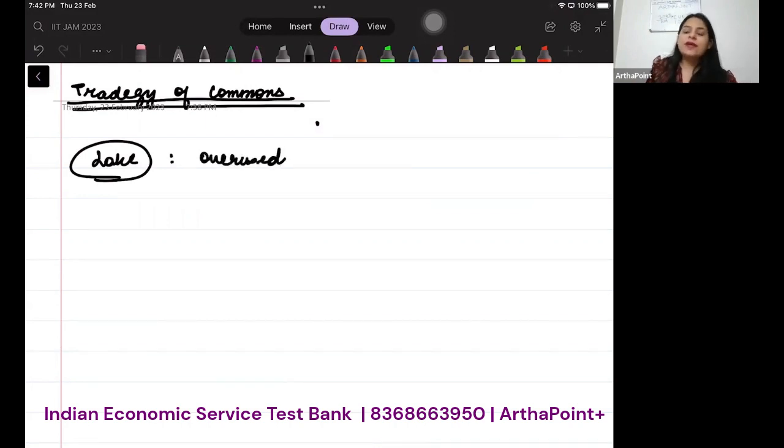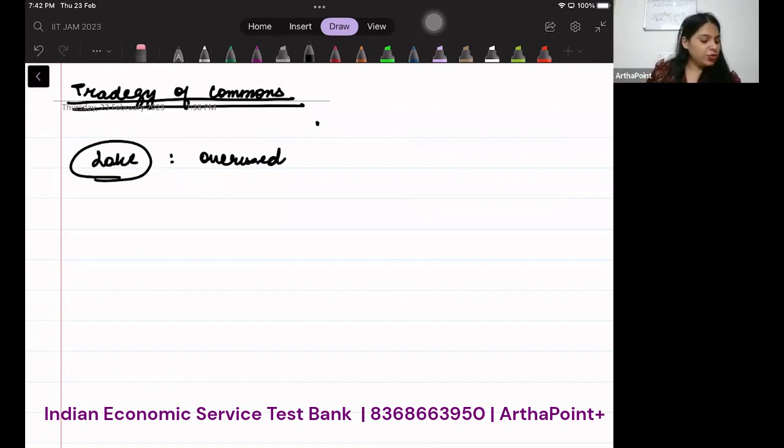So if you have a lake which has fishes in it, and you don't put any price on it, then the tragedy of commons says that it will be overused, overfishing will take place. Similarly, if you have a garden, overgrazing will take place. So any resource which is common is always used in more quantity.